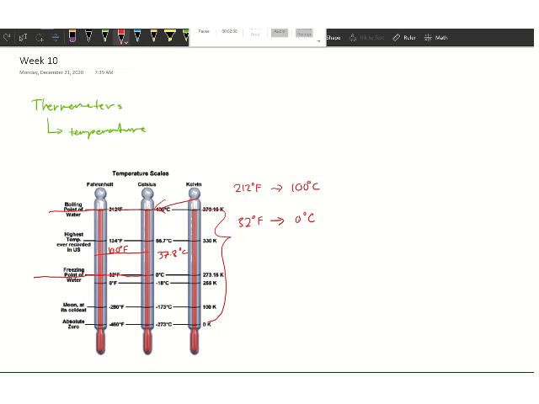Note that Fahrenheit starts at 32, and the difference is 180. If you add 32 to 180 degrees Fahrenheit, it gives you 212 Fahrenheit. The difference between 0 and 100 Celsius is obviously 100.